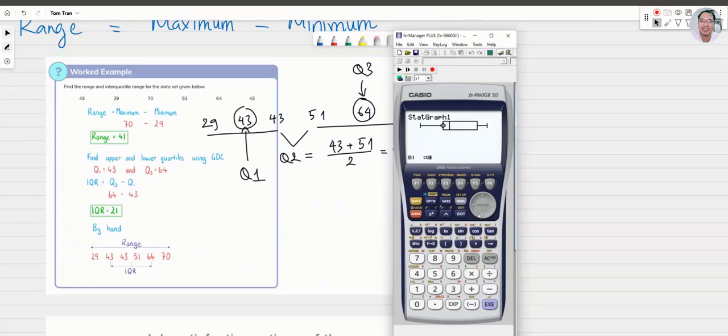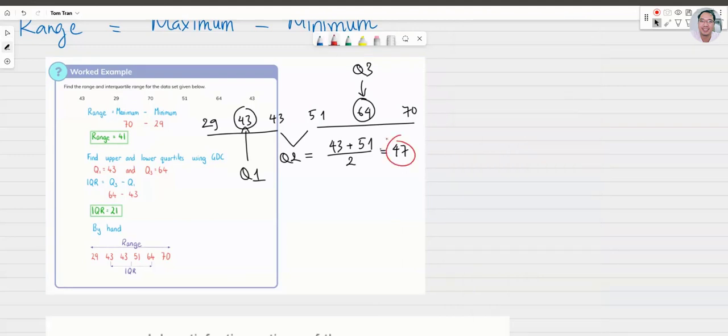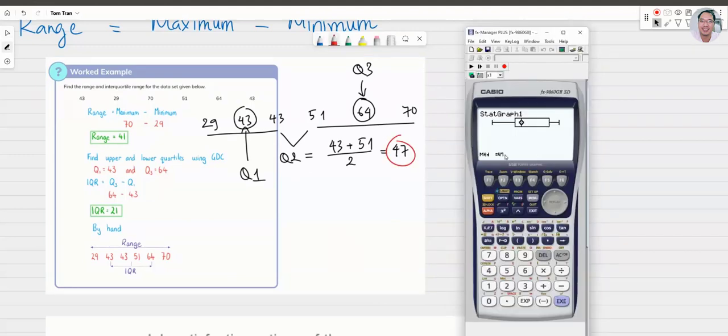Median 47, which is here. You see, beautiful. And the upper quartile 64, and the maximum 70. So it's exactly the same as all the values we calculated here.